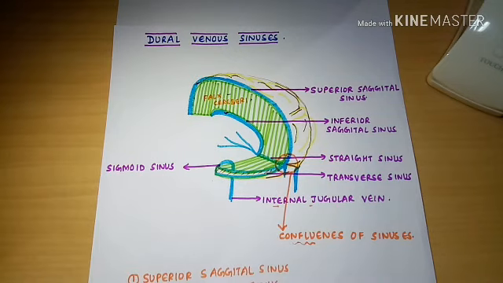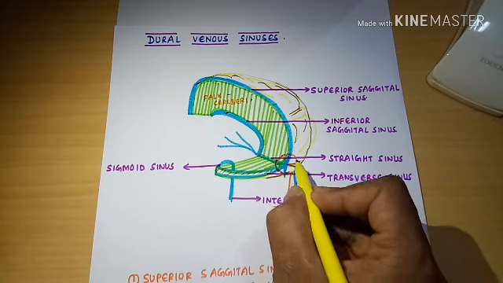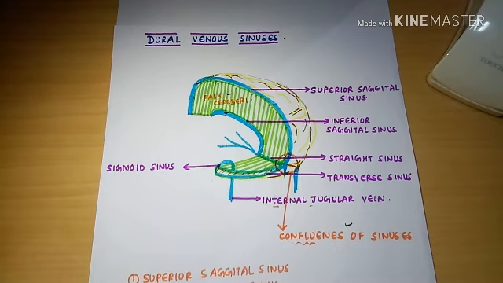The place where all these sinuses join together is called the confluence of the sinuses. This is the place where all the dural venous sinuses join together or get their origin.